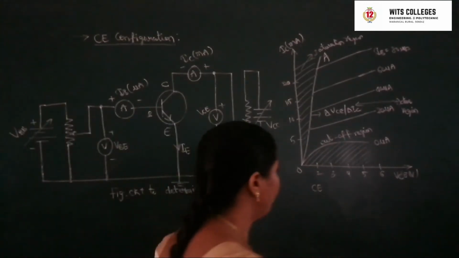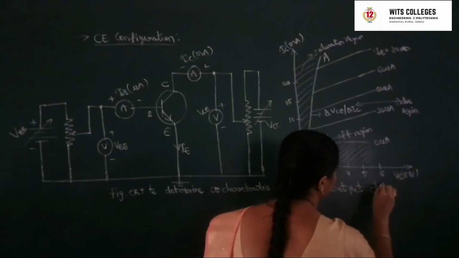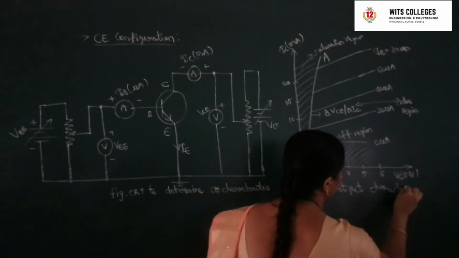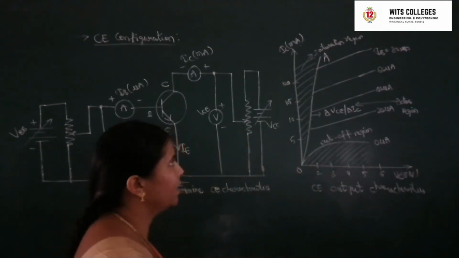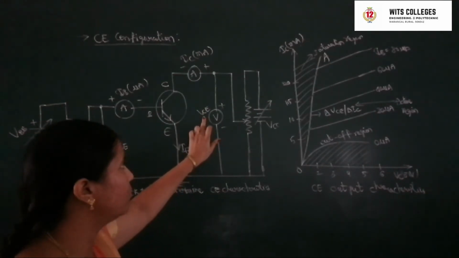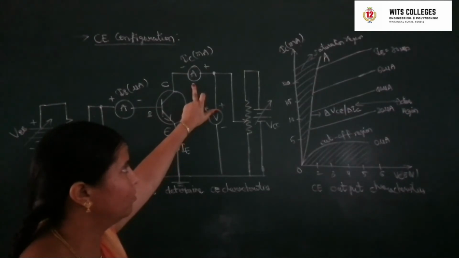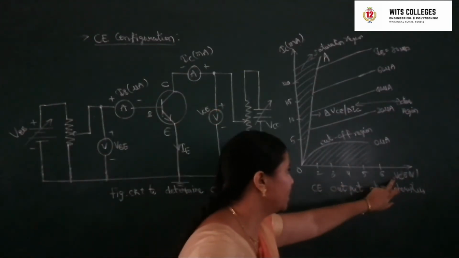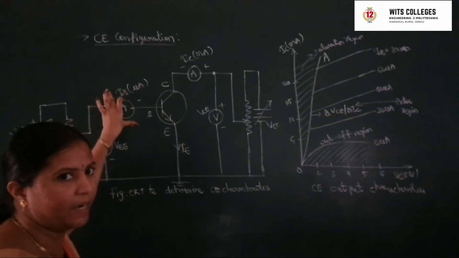Coming to the common emitter configuration output characteristics. Here, the collector to emitter voltage is the output voltage, and the collector current is the output current. The curve is between collector to emitter voltage and collector current at constant base current.